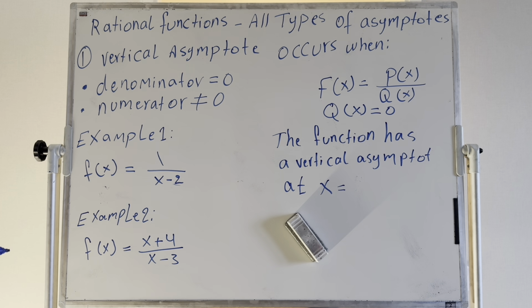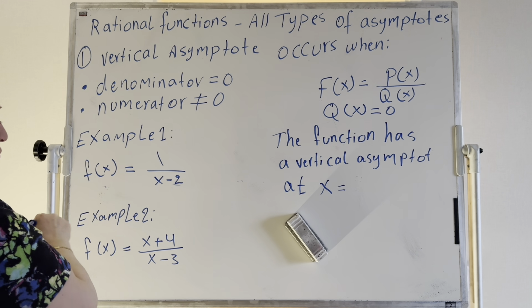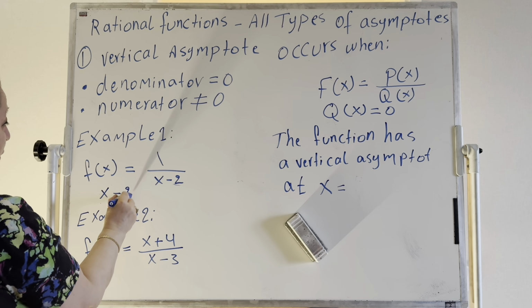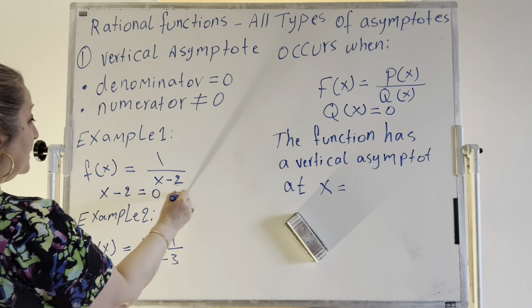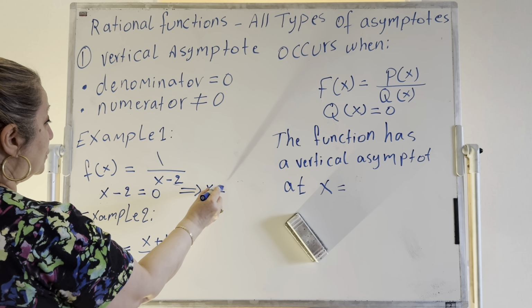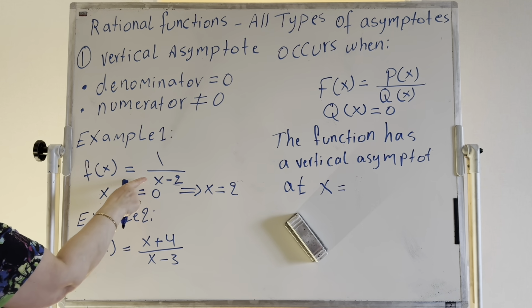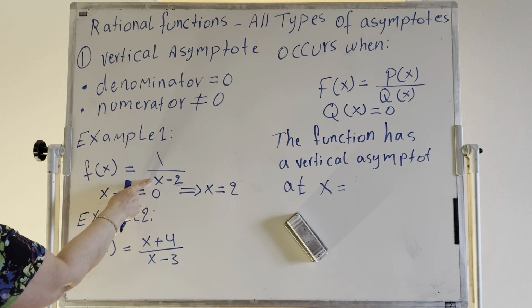Example number 1, f of x equals 1 over x minus 2. I will take x minus 2 equals 0, then x equals 2. When x equals 2, I will substitute for x here.